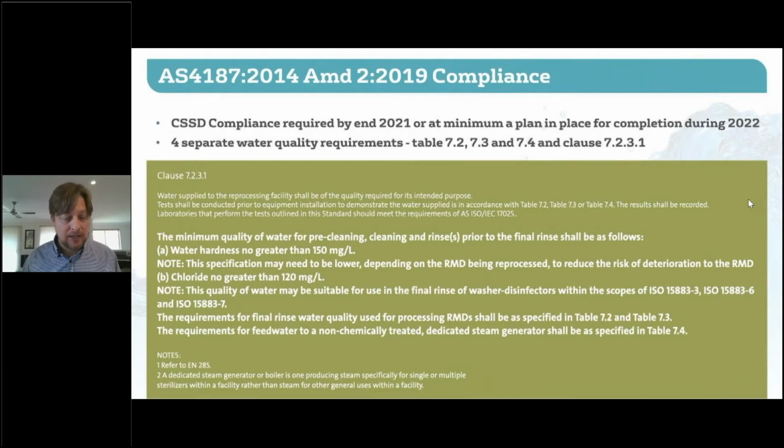It's relatively easy to fix the water hardness with a water softener in most cases. If you do have elevated chloride, then we're looking at treating the general water for your CSSD with RO as well. But it is something that you need to make sure that you look at, and it should be part of your audit process.